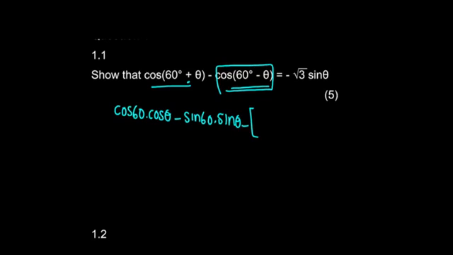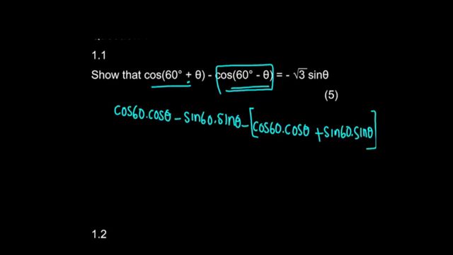Cos 60 minus theta is going to become cos 60 times cos theta plus sine 60 times sine theta. Remember we have that bracket there to remind us we need to change our signs when we multiply through.